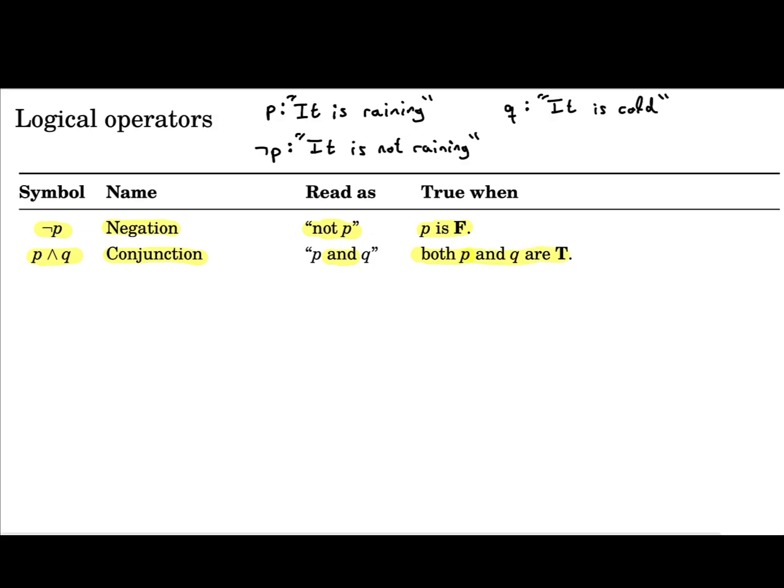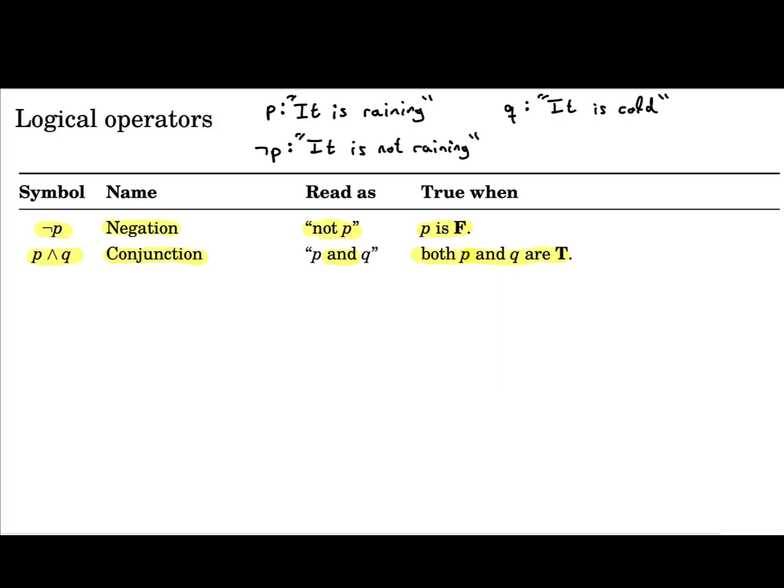So they both have to be true for the conjunction to be true. So if we say it is raining and it is cold, then this will be true only when it is raining is true and it is cold is true. If any one of these is false, then the conjunction will not be true.